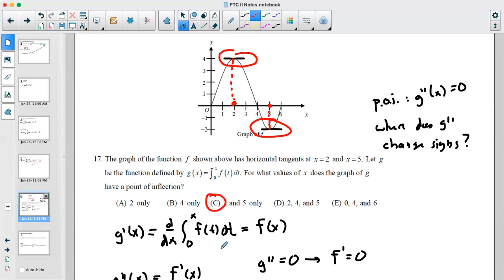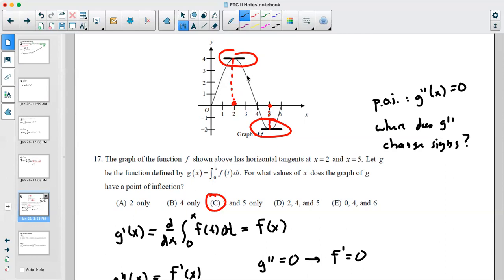So we can use this to answer questions like this. It's also maybe notable to ask, is g double prime actually changing signs at these points? And the answer is yes. If g double prime is f prime, and f prime is the slope of this graph, the slope of this graph is positive over here, and then 0, and then negative.